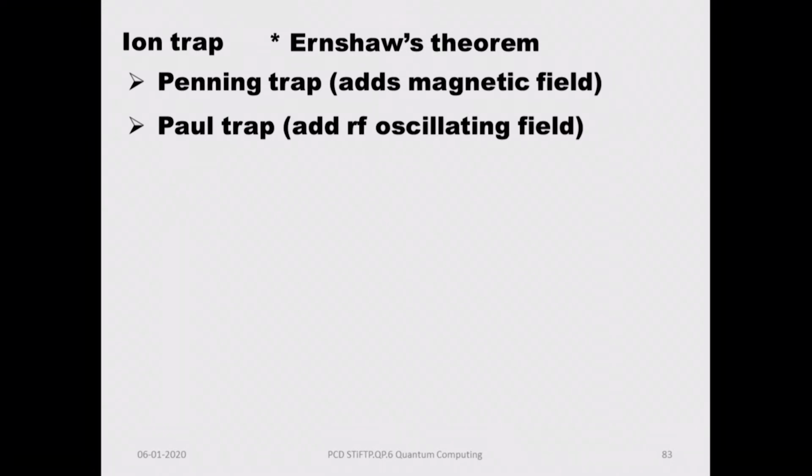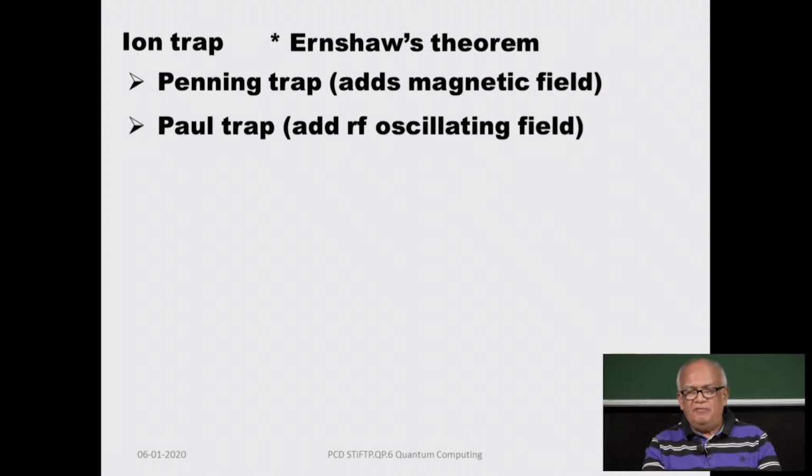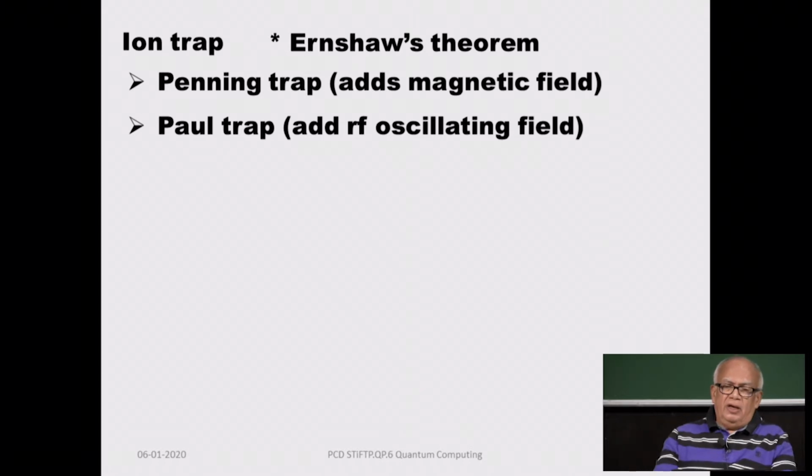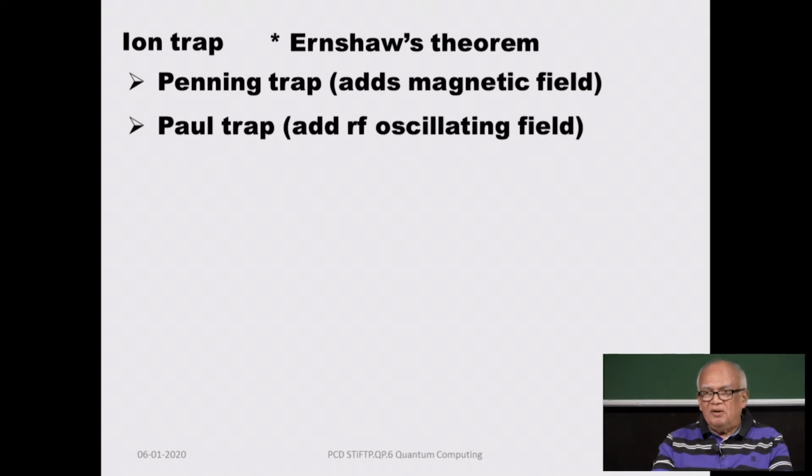One example of a spin half system can be some ion having spin half, which you can trap in what is called an ion trap. People who work in atomic physics are very familiar with these things. They know that there is this fundamental Earnshaw's theorem, which I might have used as a problem in your undergraduate electrodynamics class to show that you cannot trap an ion using static fields.